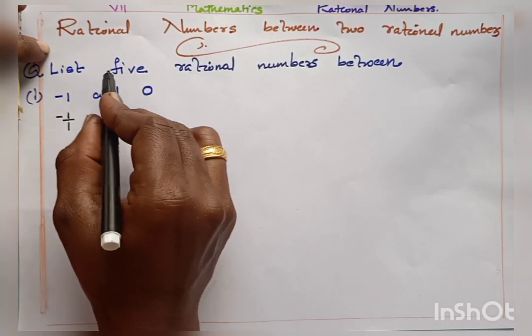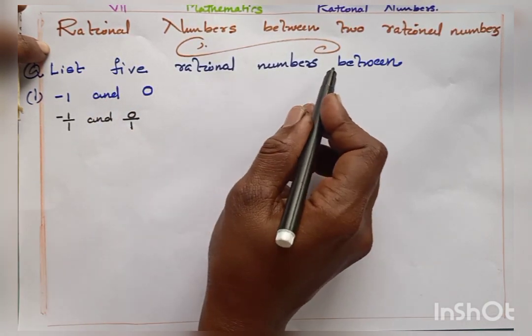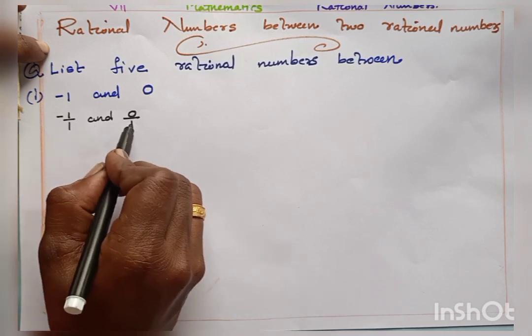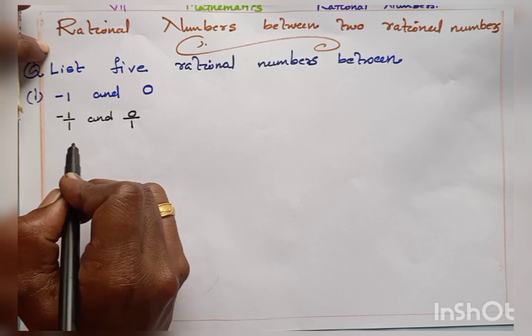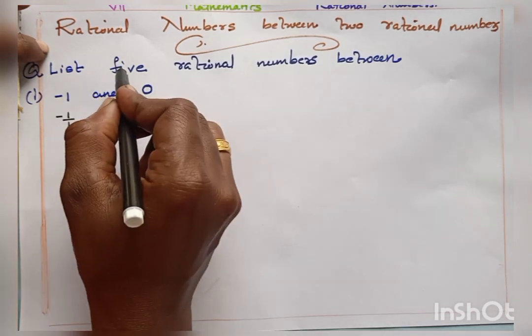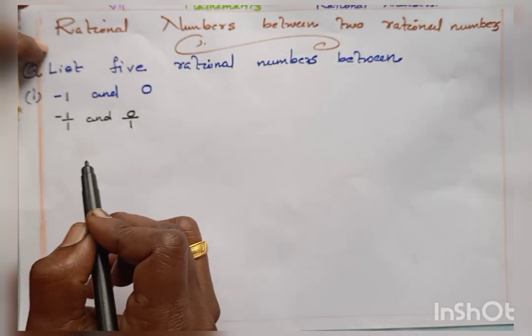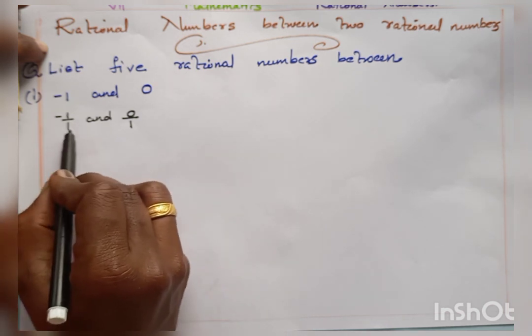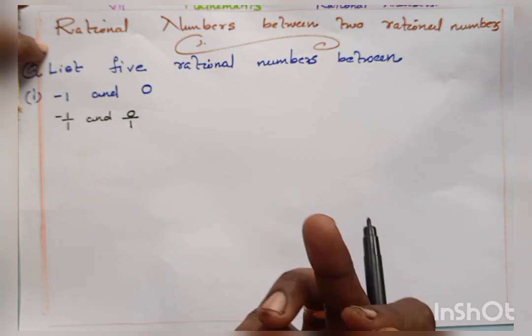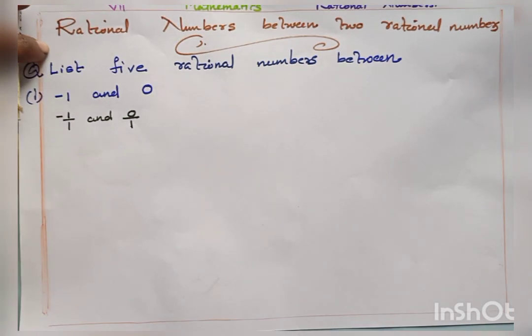Then find out the 5 rational numbers between -1 by 1 and 0 by 1. There is no rational number in between as they stand. Okay. So, we want to find out 5 rational numbers. So, we want to change these into other equivalent rational numbers.